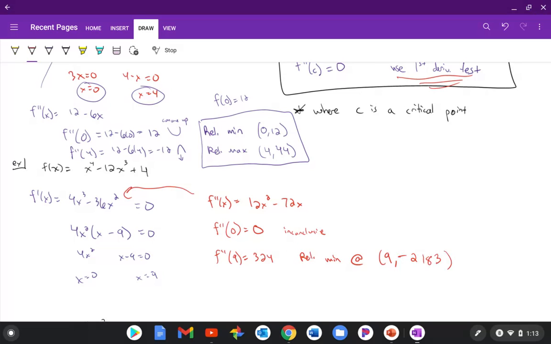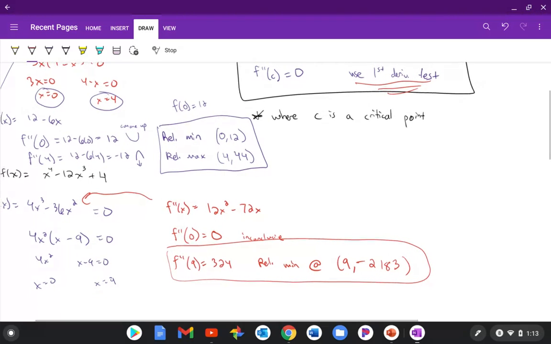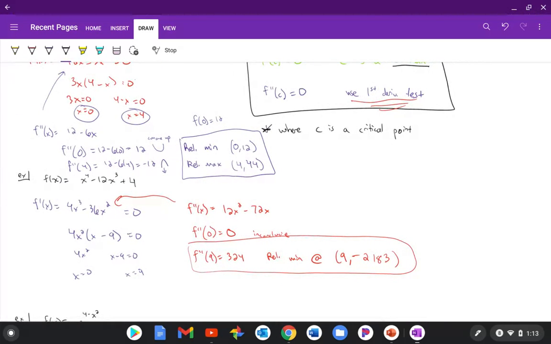All right, so now we can't just leave this 0 though without checking to see if it is a min or max. So what we actually need to do is just go back and do a quick first derivative test. To do that, you plug in numbers that are less than and greater than 0 into the first derivative to see if it's increasing or decreasing. So I'm just going to do f prime of negative 1, and then f prime of positive 1, and I can tell if the function is increasing or decreasing before and after.